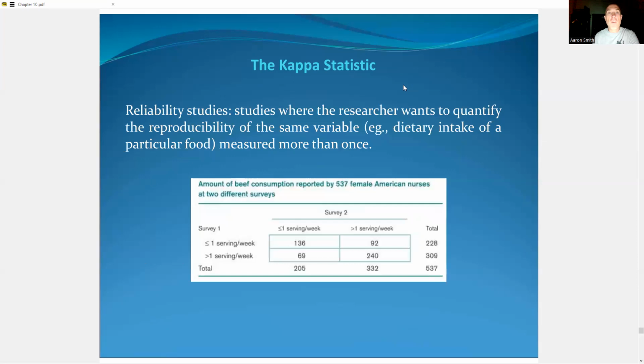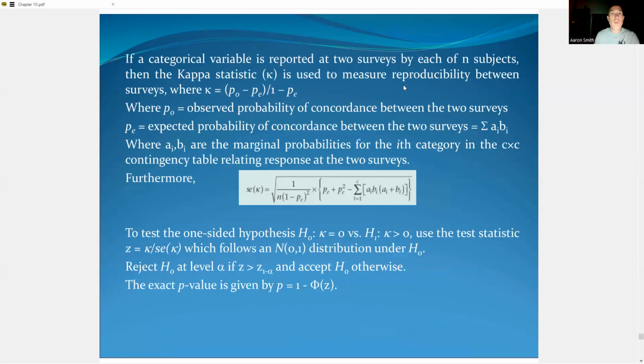All right, so the Kappa statistic gives us a reliability measurement. What we want to know is, if I was to repeat the study, would I get approximately the same thing if I did the whole thing all over again? The Kappa statistic does that for us.